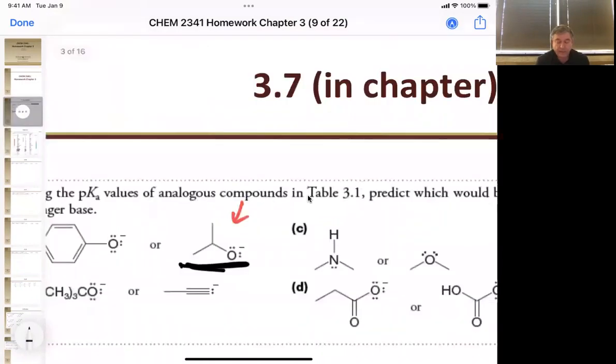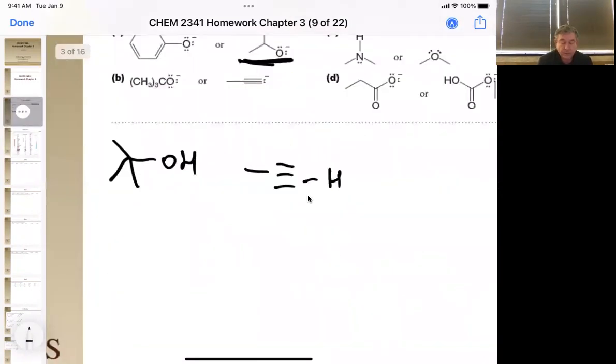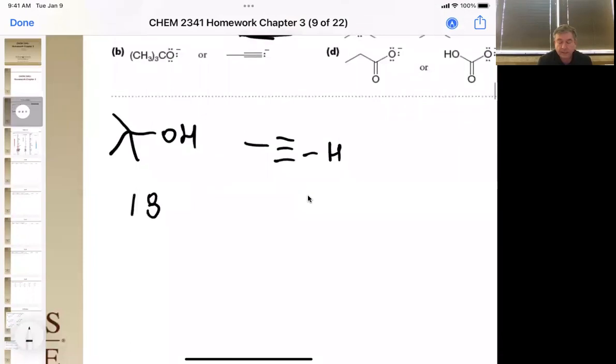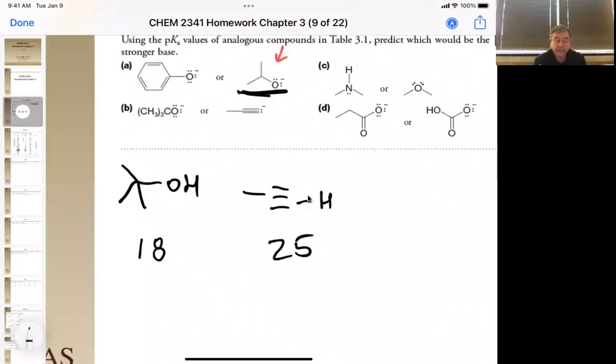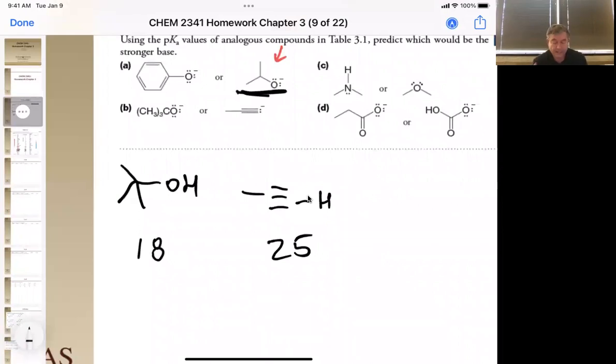So let's use those values back here: this is 18 and this is 25. Which of these is the stronger acid? Well, this one has the lower number, so it's the stronger acid. If this is the stronger acid, that makes this the stronger base. Do we see how that argument works?